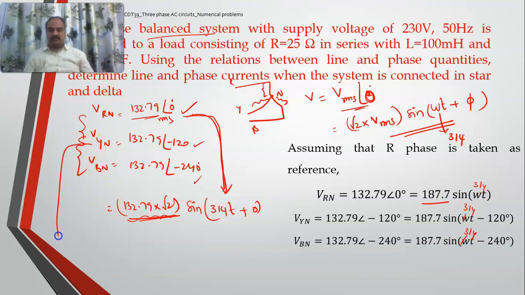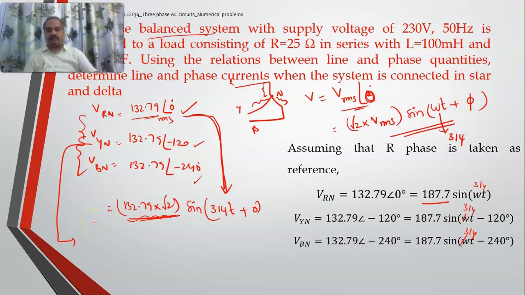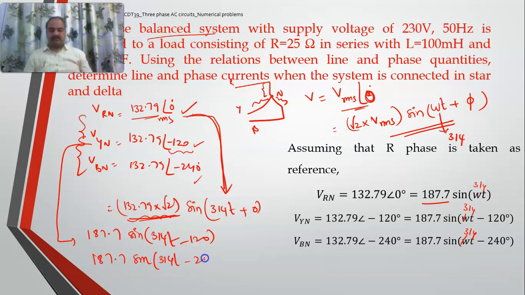Now for this one, you will be getting the same 187.7, 132.79 into root 2 sine 314t. What is the angle? Minus 120. So minus 120. For the next one, 314t minus 240.